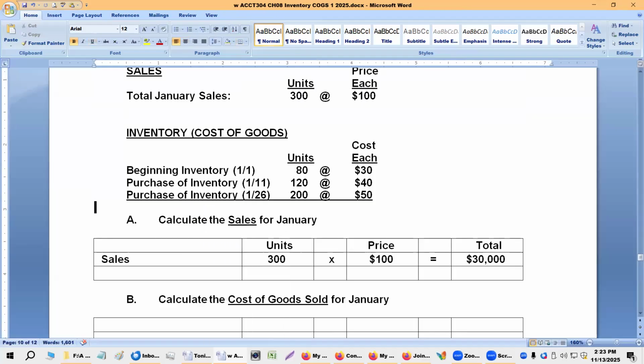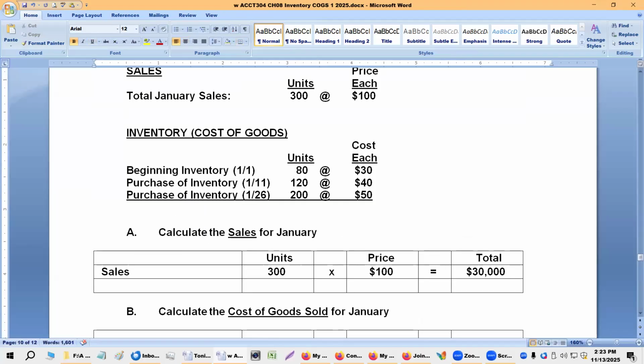Okay, now for the really fun part. $80 plus 120 plus 200 is 400, I think.